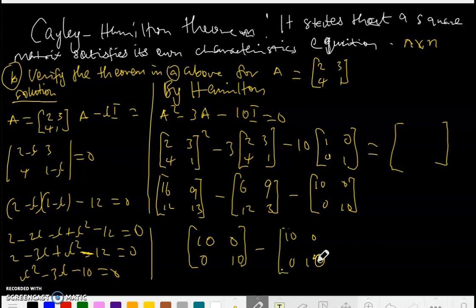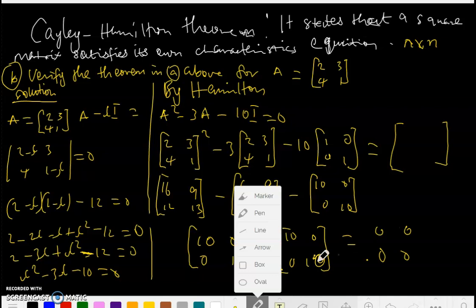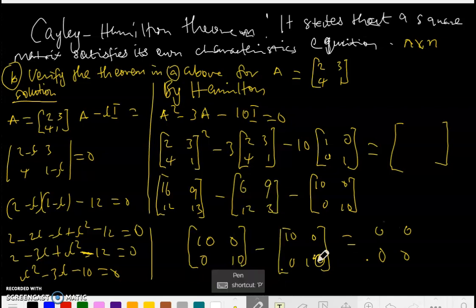This matrix minus this will simply give us 10 minus 10 is 0, and 0 minus 0 is 0. So indeed it will be 0, 0, 0, 0, just like what we have here.